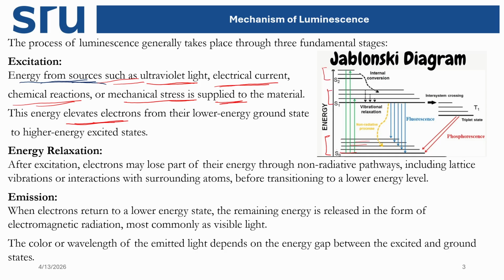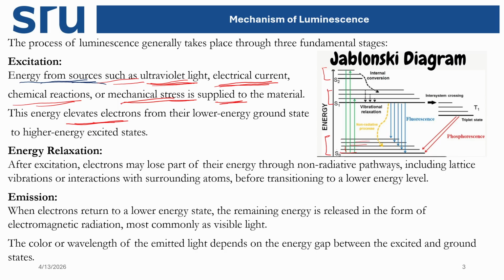Now, when we provide energy in the form of ultraviolet light, electrical current, chemical reactions or mechanical stimulus, the electrons in the ground electronic state gain the energy and elevate to the higher energy state, maybe from S0 to S1 or S0 to S2, in different vibrational levels.